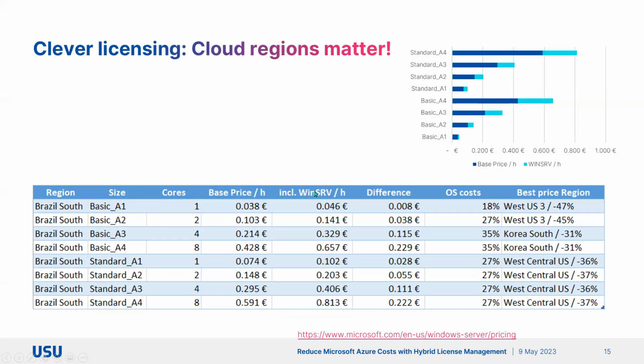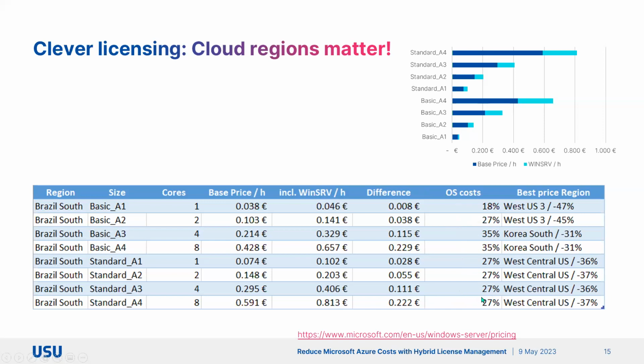Then we have the price including Windows Server, and this gives us a difference. So how much is the operating system? What is the part of Windows Server? And here you see these typical numbers. In this case, it's roughly between 27 and 35%, and this is quite typical.